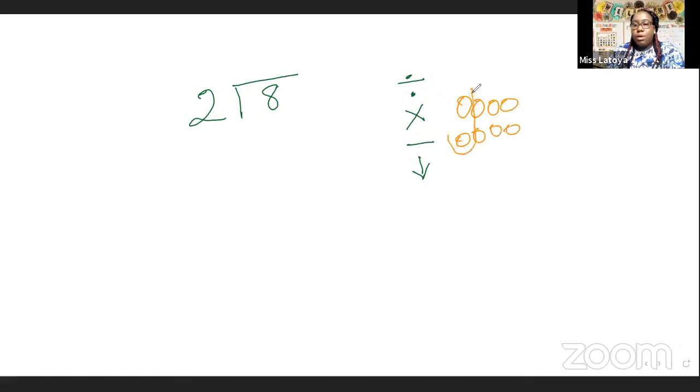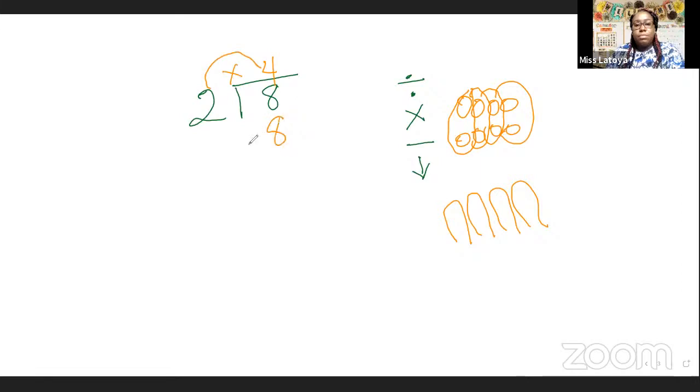Okay, let's check. 1 group, 2 groups, 3 groups, 4 groups. If we use our fingers, we'll get the same answer. I'm going to count in twos until I get to 8. 2, 4, 6, 8. How many fingers do I have up? 4. 4 comes on top. 2 4s are 8. Now I subtract. 8 take away 8 is 0.